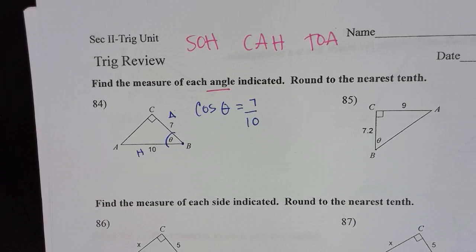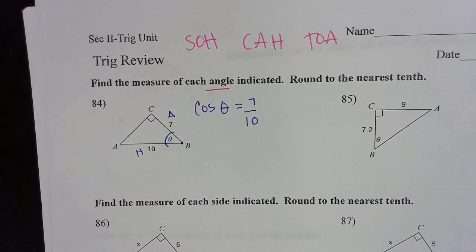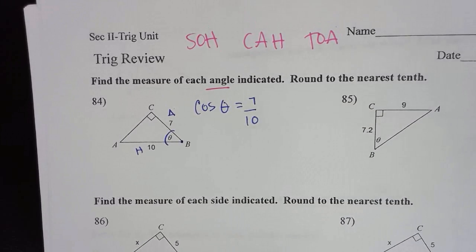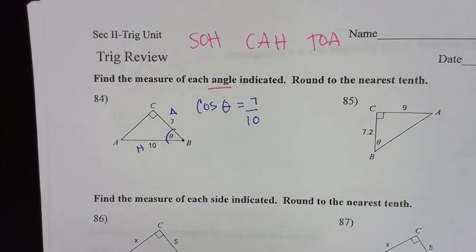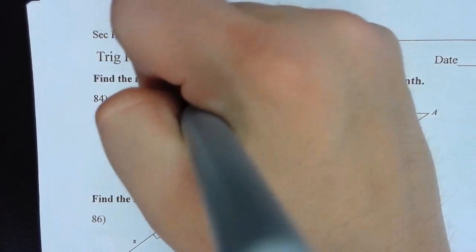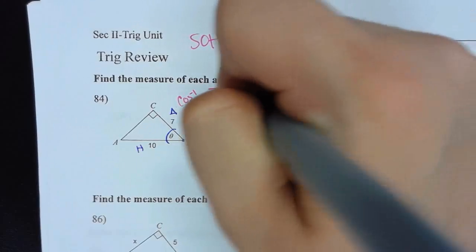Now you need to know how to cancel a cosine. If I were trying to cancel an x squared, I would take the square root. If I were trying to cancel a divide, I would multiply. I'm going to do the inverse operation. Well, that means what's the inverse operation of a cosine? That's cosine inverse, or arc cosine. That's how you write it.